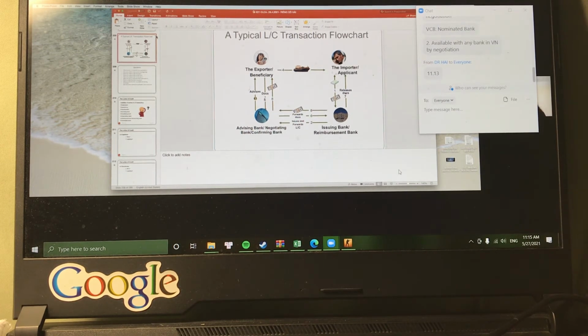Send what? Application form for LC. Đơn yêu cầu mở LC. To which bank? Issuing bank or reimbursement bank? Issuing bank. Okay, good. This is step number 1.